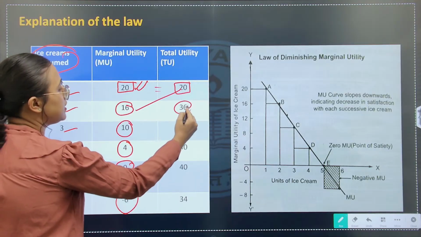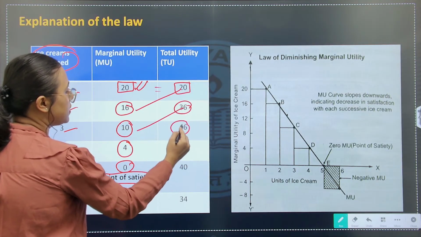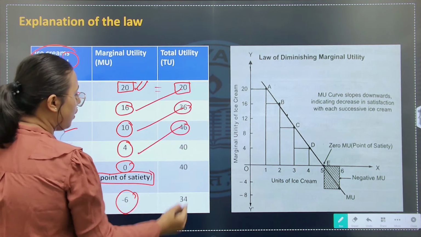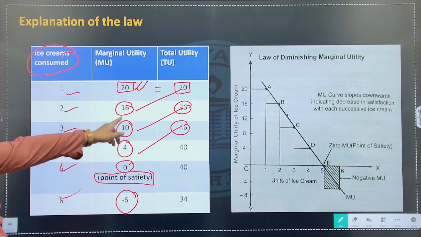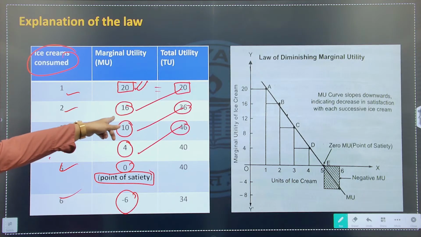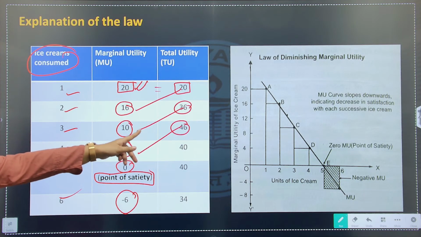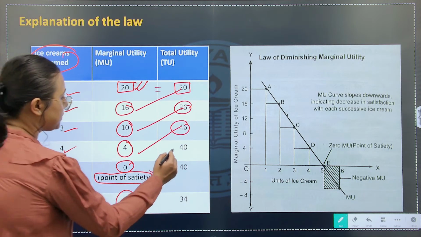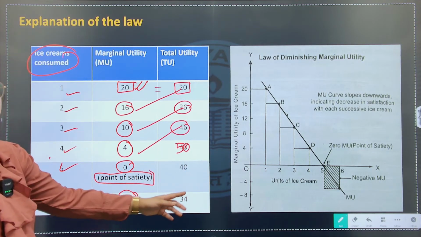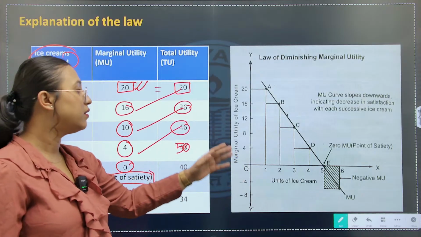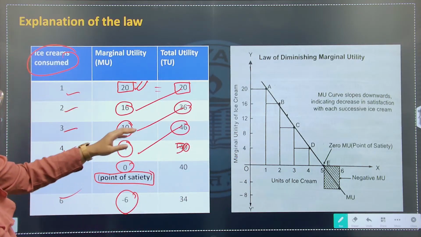20, 16, 36, 10, 46, 4, 50. Is there a mistake here? 20 plus 16 is 36, plus 10 is 46, plus 4 is 50. This 40 should not be there; it should be 50. There is a typing mistake. Those who are watching me live, please correct this.